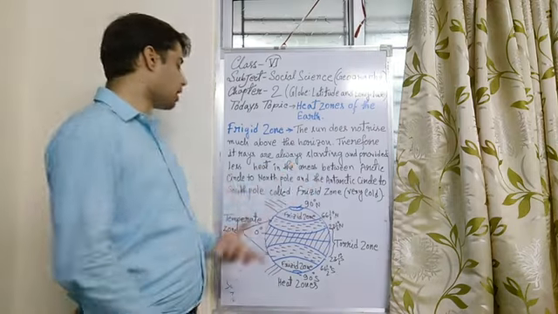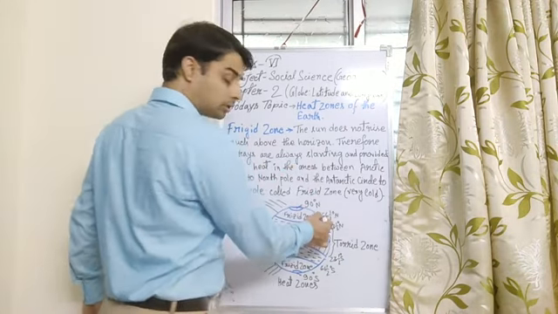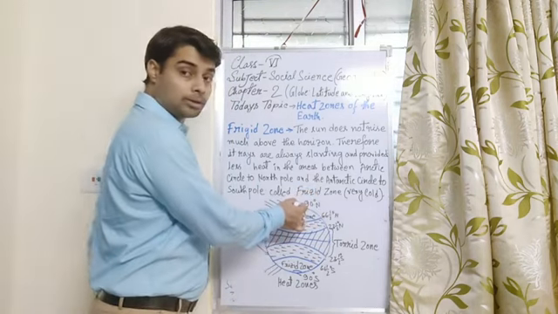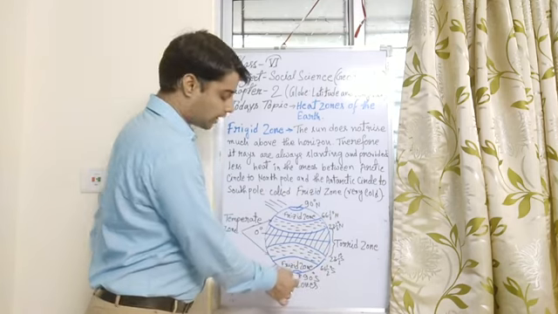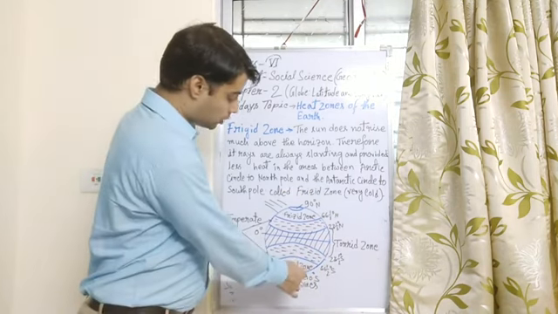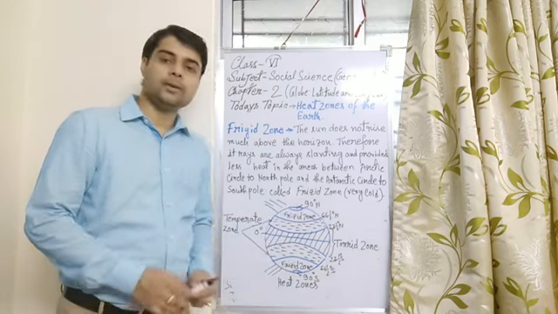These are the areas from 66.5 degrees north to 90 degrees north, and 66.5 degrees south up to 90 degrees south. These two regions are called the freezing zone.